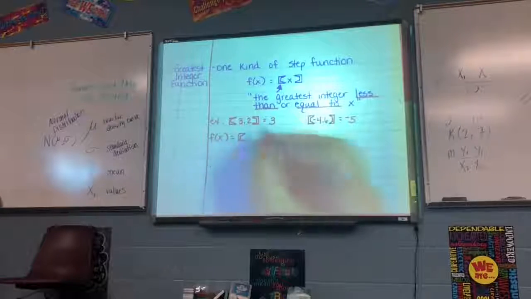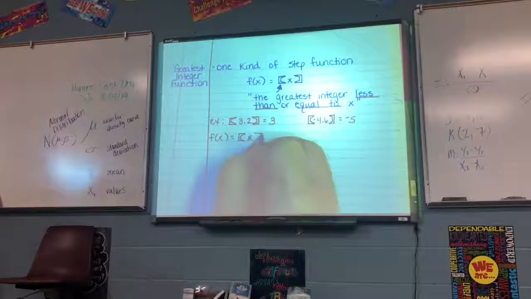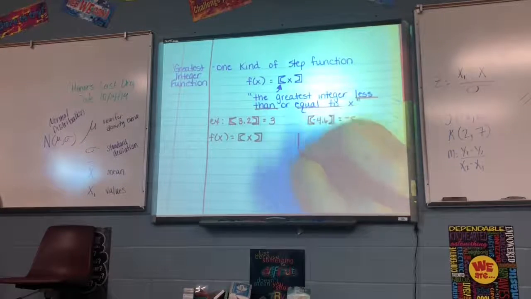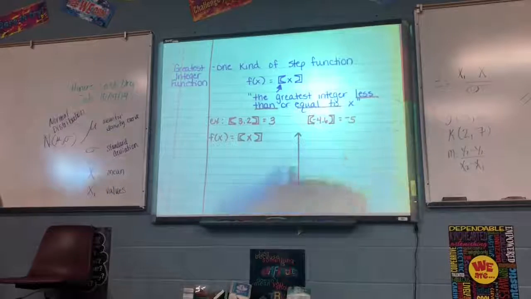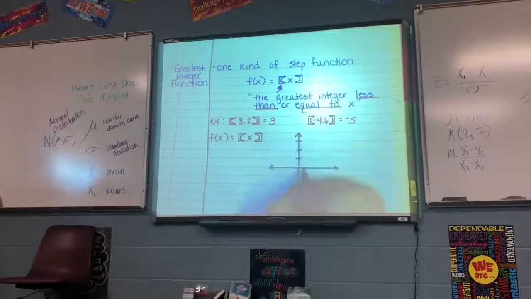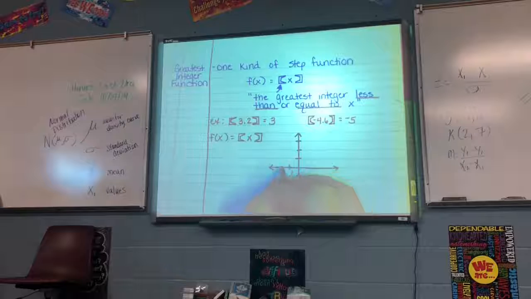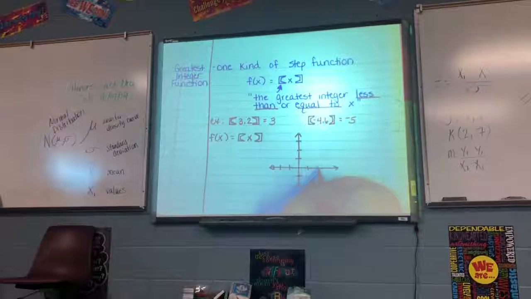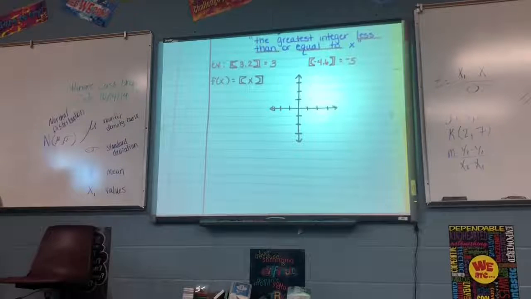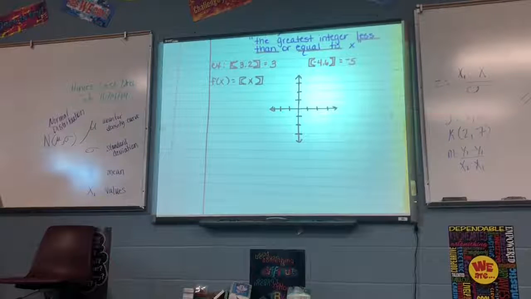So let's look at its parent function so that you can see what it looks like on a graph. So the first thing I will talk to you about here is if I plug in an integer, it's going to equal itself, right?